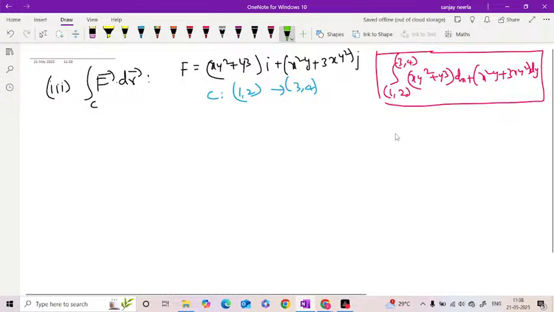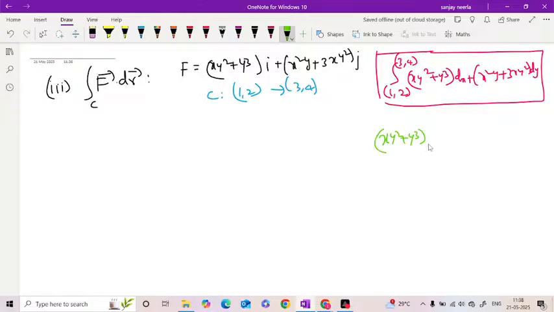But already we know the result according to the previous one: xy square plus y cube dx plus x square y plus 3xy square dy, the total result is x y whole square by 2 plus xy cube plus constant.